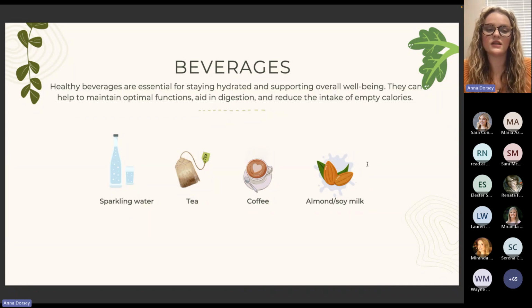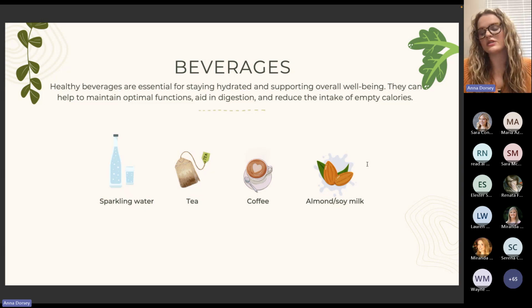If you like sodas a lot, maybe substitute your soda for sparkling water to still give you that carbonation. Things like tea have a lot of good antioxidant catechins, things that help in decreasing inflammation and protecting your cells.